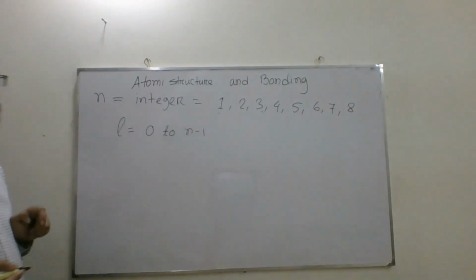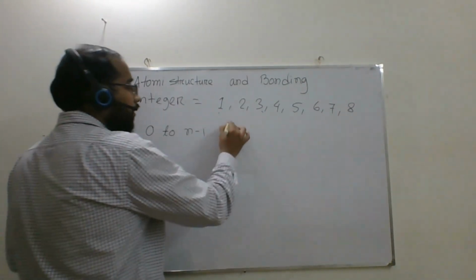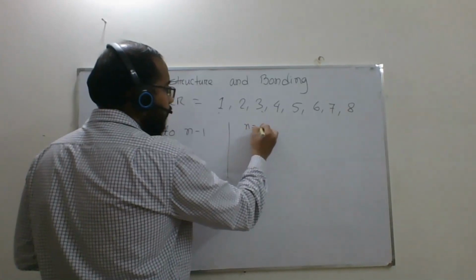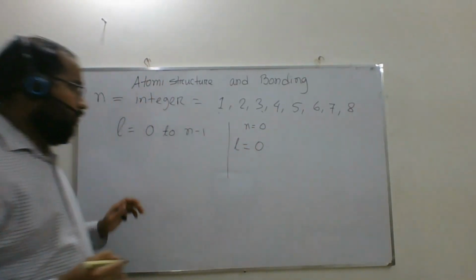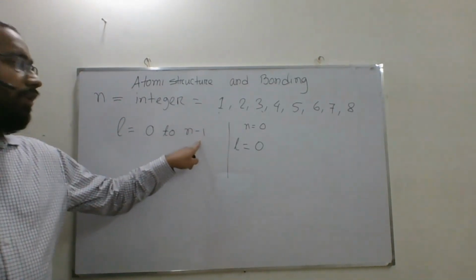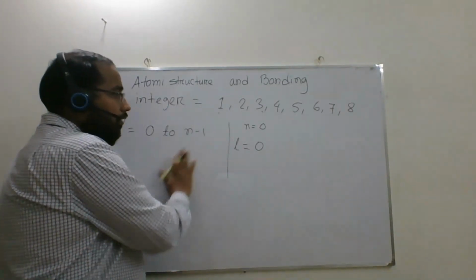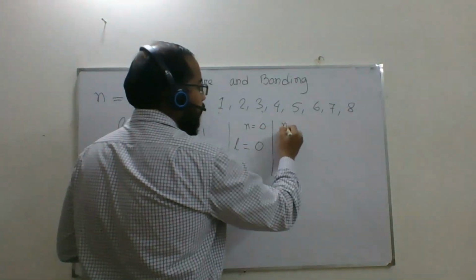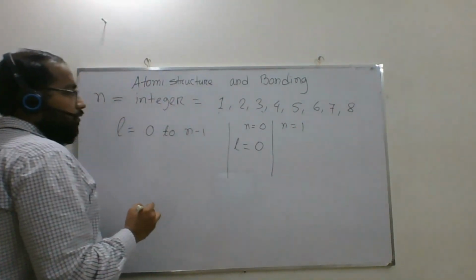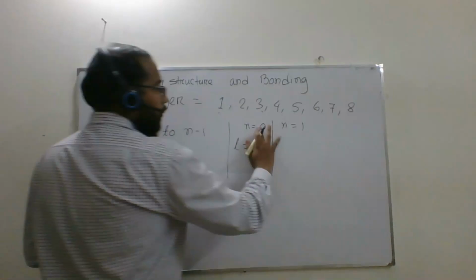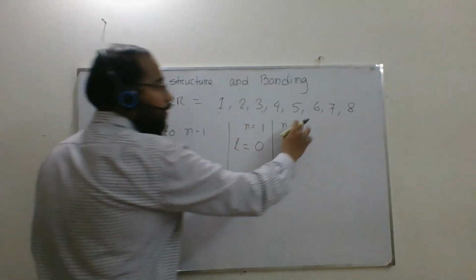So if L equal to 0 to n minus 1, then if n equal to 1, 1 minus 1 equal to 0, so L equal to only 0.